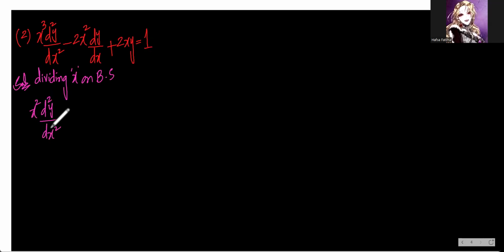Minus 2x dy by dx, exactly, minus 2x dy by dx, plus 2y is equal to 1 by x. Is it okay? Yes sir.